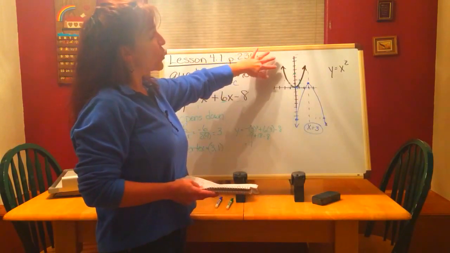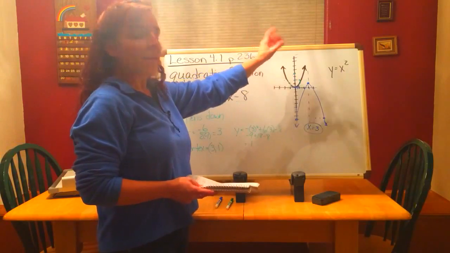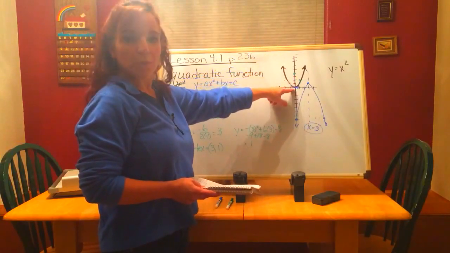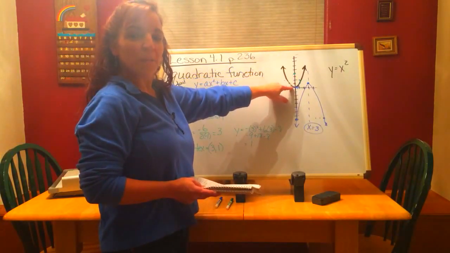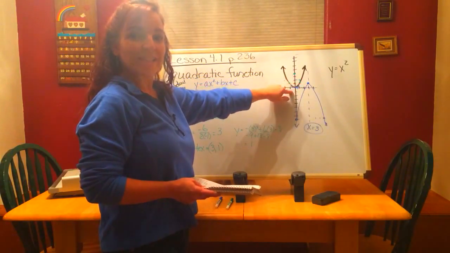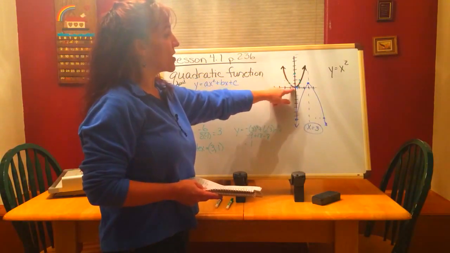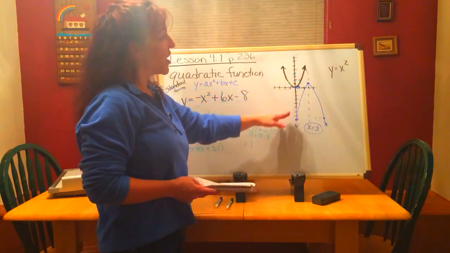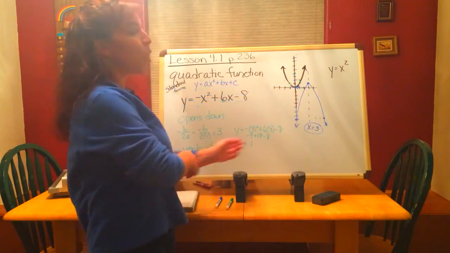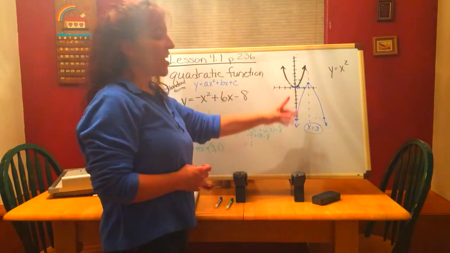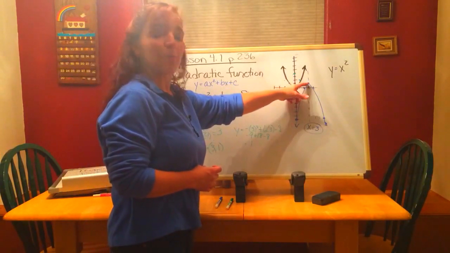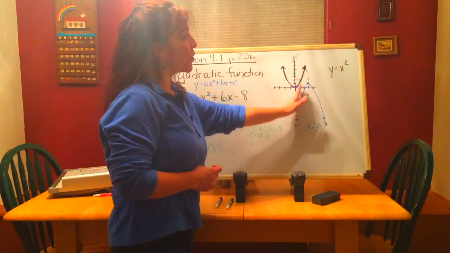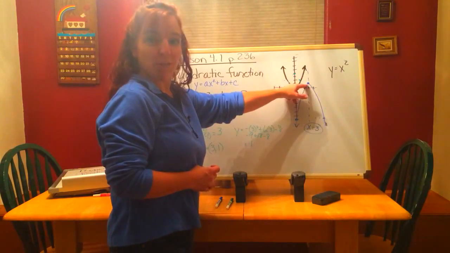So a parabola that opens up is going to have a minimum value where that point of turning is, or where that vertex is. So the minimum value is going to be the place where your vertex changes direction. Now if your parabola opens down, then the change occurs at the top of the curve. So this parabola would actually have a maximum value.